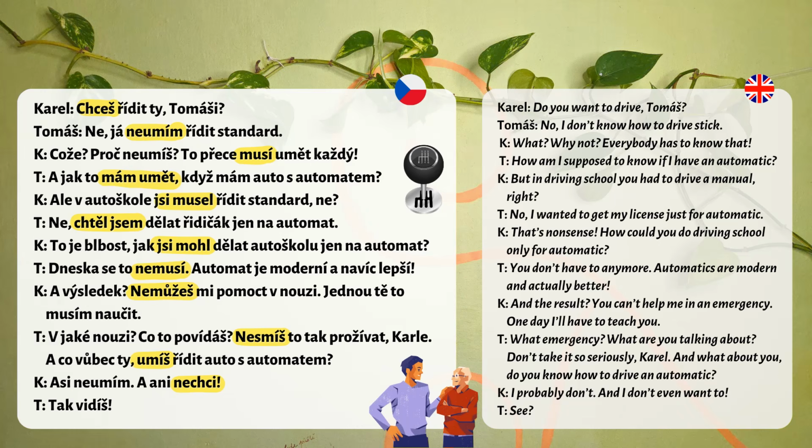Dneska se to nemusí. Automat je moderní a navíc lepší. A výsledek? Nemůžeš mi pomoct v nouzi. Jednou tě to musím naučit. V jaké nouzi? Co to povídáš? Nesmíš to tak prožívat, Karle. A co vůbec ty? Umíš řídit auto s automatem? Asi neumím. A ani nechci.